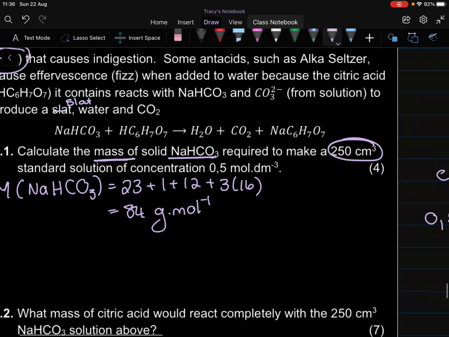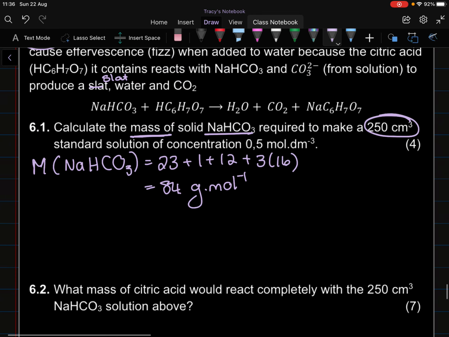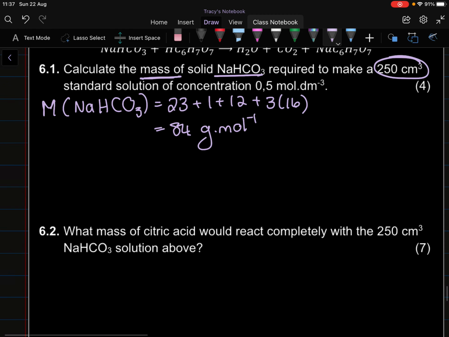Nice and straightforward. Then they ask what mass of citric acid would react completely with the 250 centimeter cube solution above. When we have an acid-base reaction, generally we want to try and do Na over Mb. We can't do that because I don't know the concentration of the citric acid, and I don't know the volume of citric acid I used.